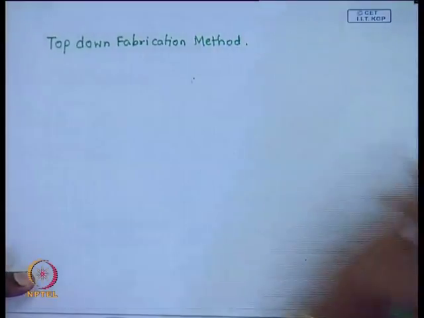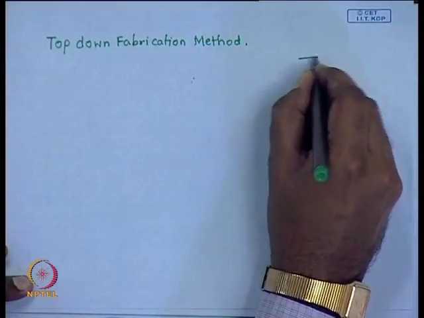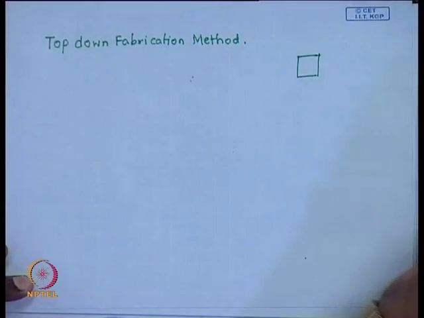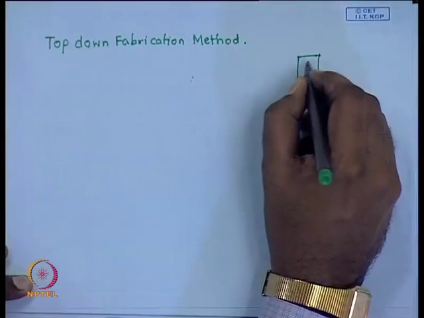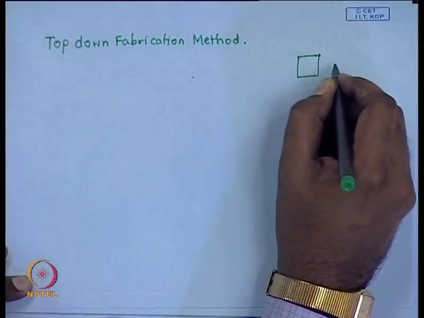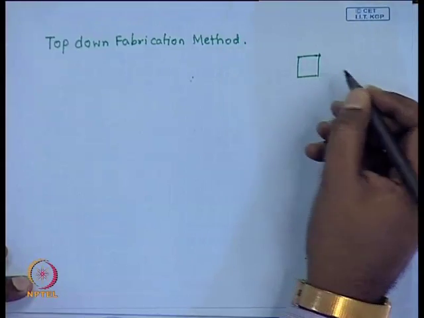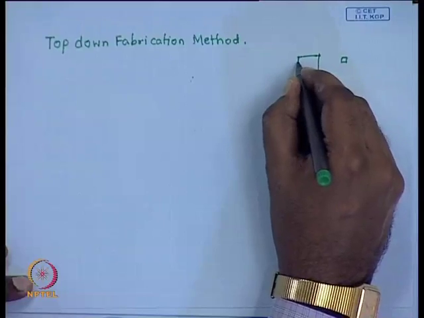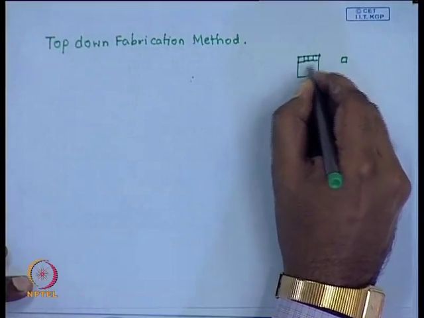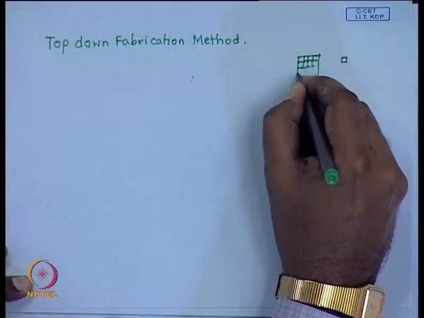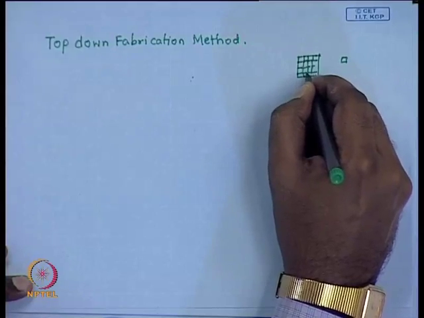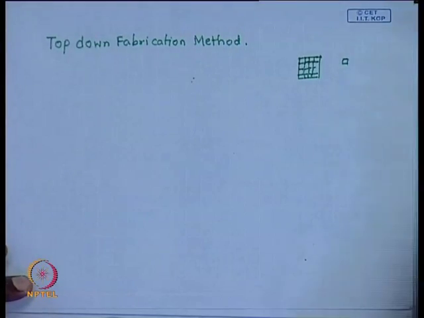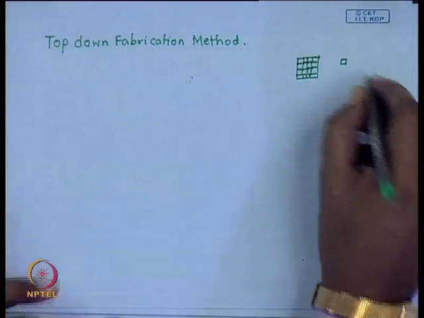In contrast, suppose you decide that you want to create something like this, and you know that the constituents of this block are molecules, let us say this is one molecule. So you bring in, let us say, the desired number of 16 molecules to make it. Instead of starting from something larger, you are building block by block.